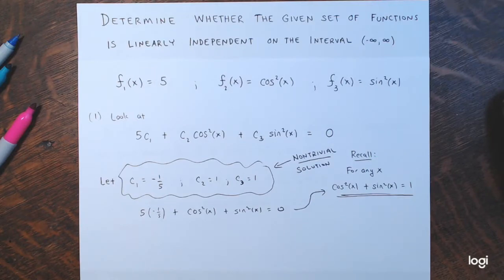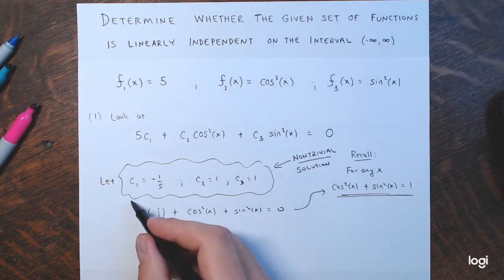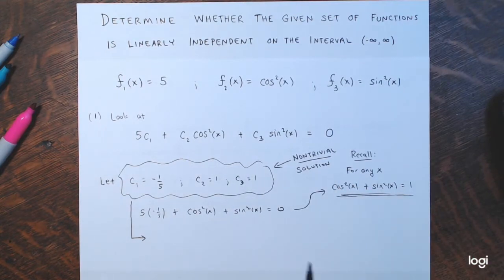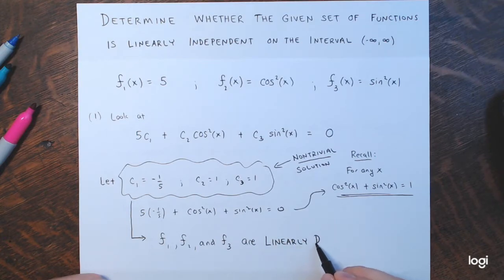All right, so based on that, because I was able to find a non-trivial solution for some x, in fact any x on the real number line, these functions are linearly dependent, not independent. Right? They're linearly dependent, just like in my first example.